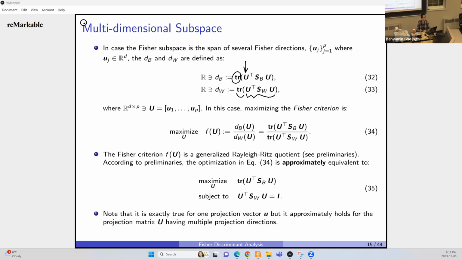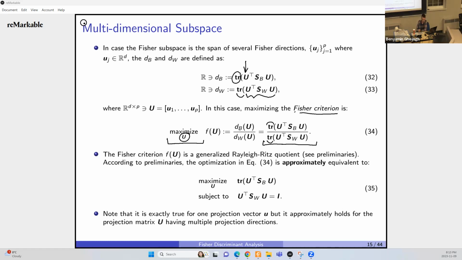So far clear? This DB over DW now has traces, as you see. Again, this is a fraction, which is a scalar. This is the Fisher criterion for multiple dimensions. Now I want to maximize this with respect to matrix U this time.